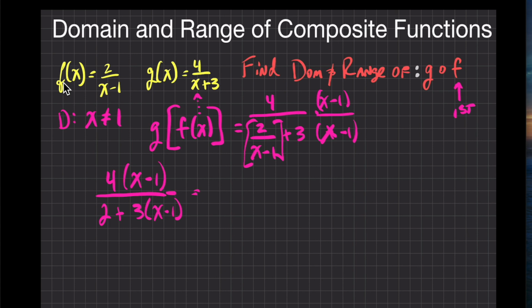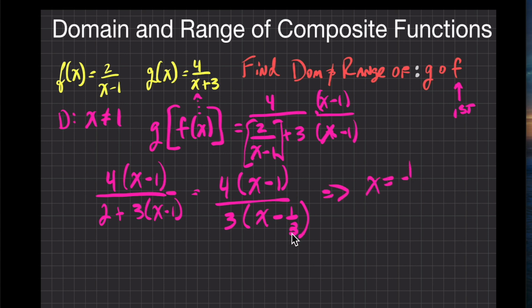And when we simplify that and combine like terms, we're going to end up with 4 over 3x minus 1. Now let's find the domain of this composite function. Well, it turns out the x value that would make this denominator 0 is x not equal to 1/3.